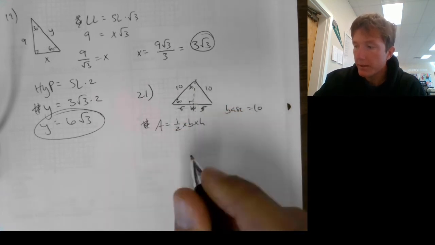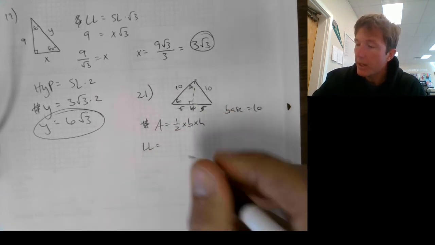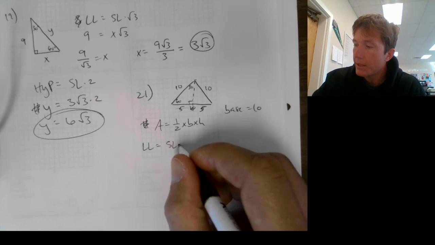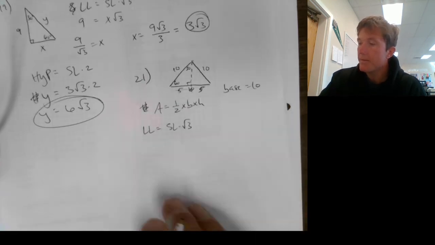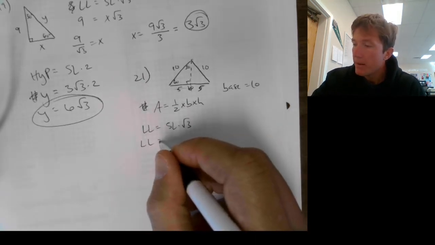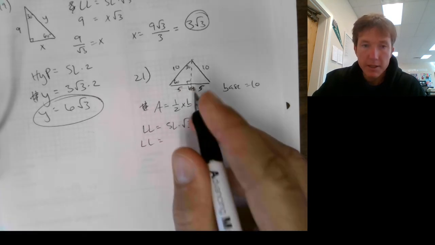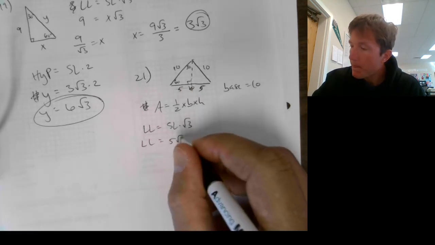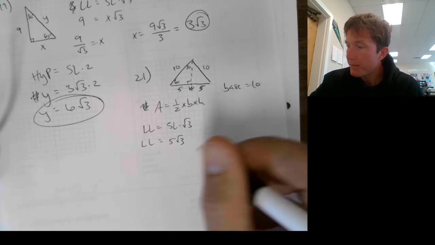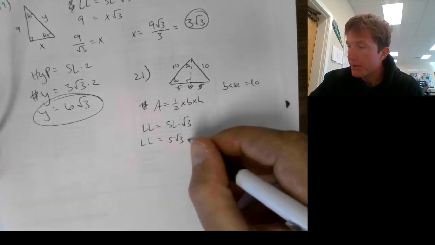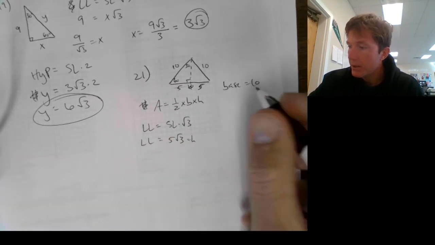The height will be my longer leg, and that's going to be your shorter leg times root 3. My shorter leg was 5, when I split it in 2. So this height here is 5 root 3. This is my height. So I plug these in.